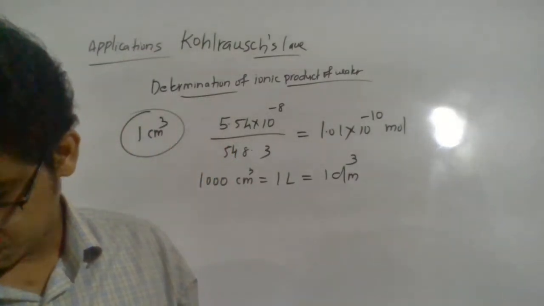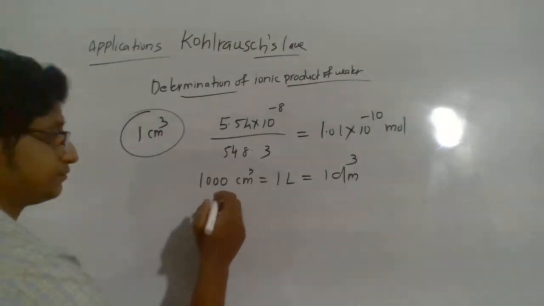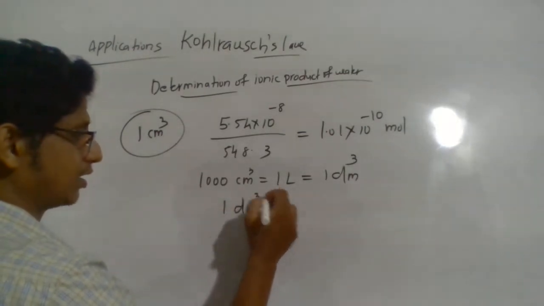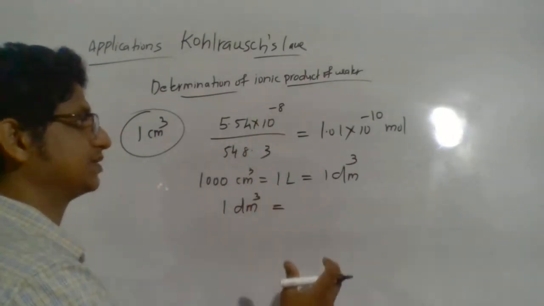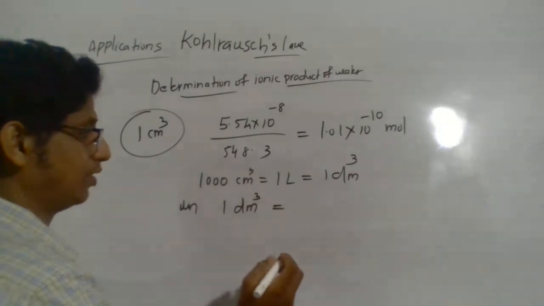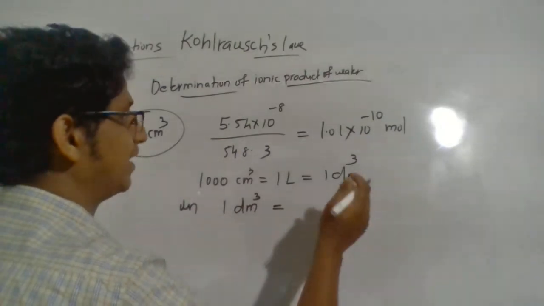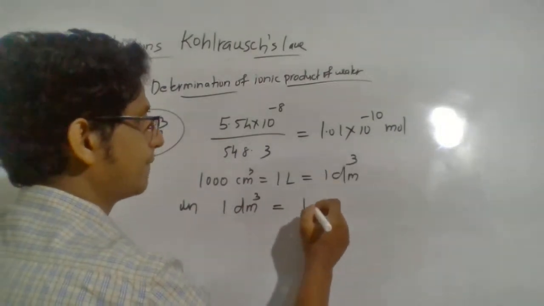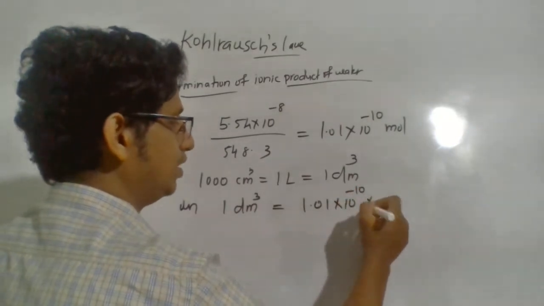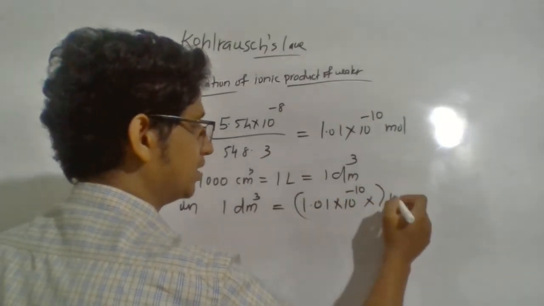So now you are talking about the number of moles of H plus ion or OH minus ion in 1 decimeter cube. How can you find it? Multiply this value, 1.01 into 10 raised to minus 10, into 1000.